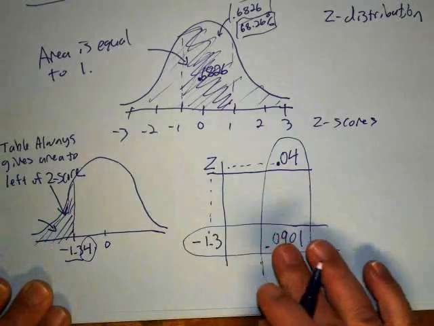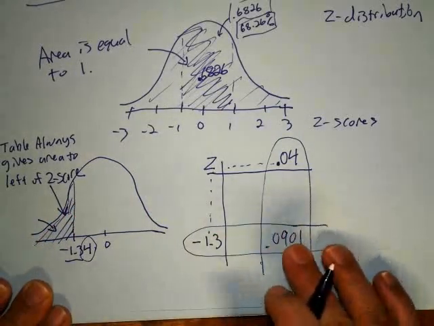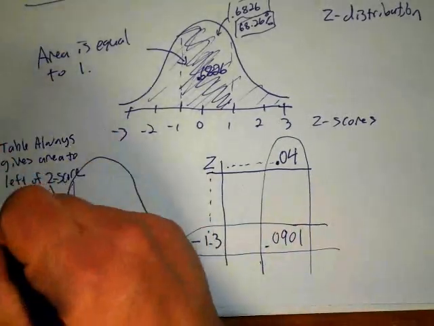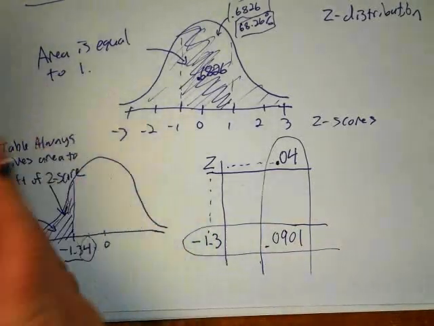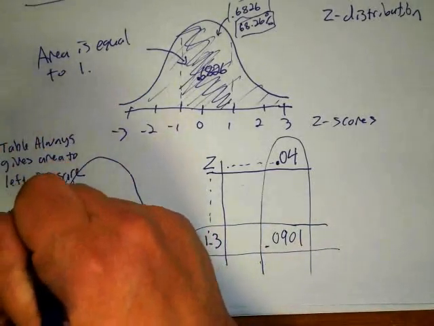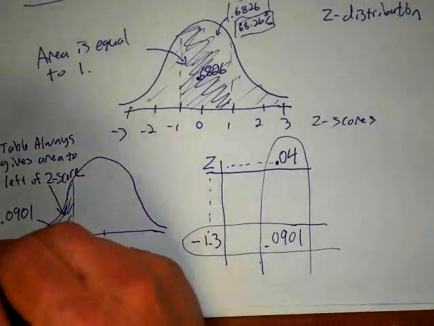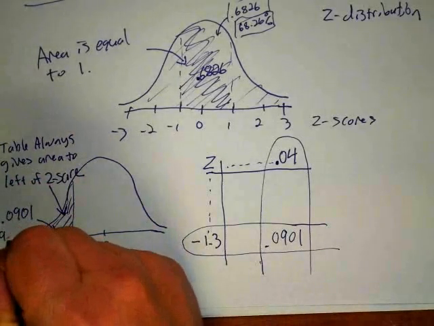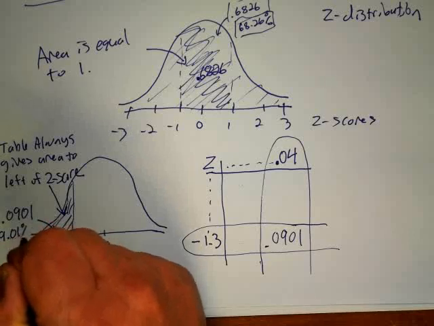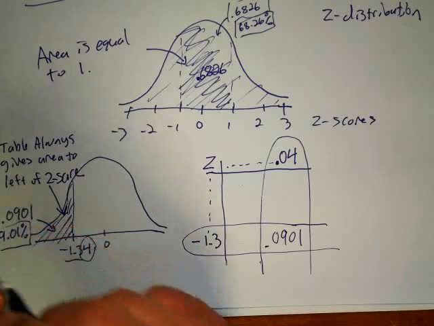Like I said, the table always gives you the area here on the table. It's always the area below the z-score, or to the left of that z-score. So I get this area, and if I change it to a percentage, it would be this. It's just a little over 9% of the area.